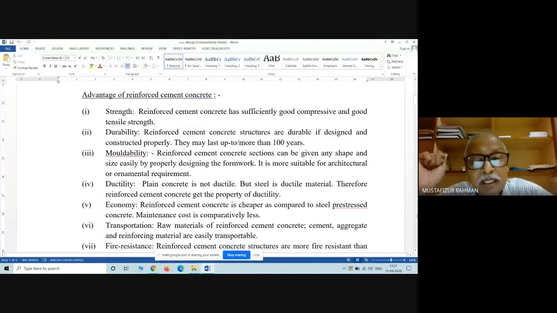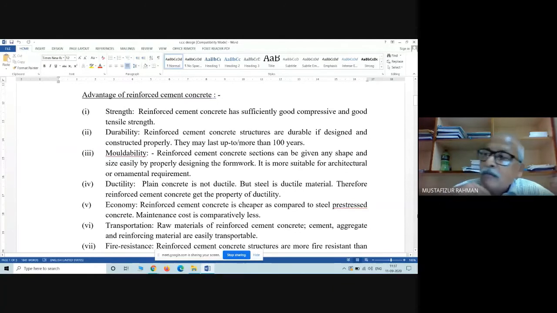Okay. And then with other materials, we have to get members of different sizes. Say, if you want to construct something in your house, your member size may be different.